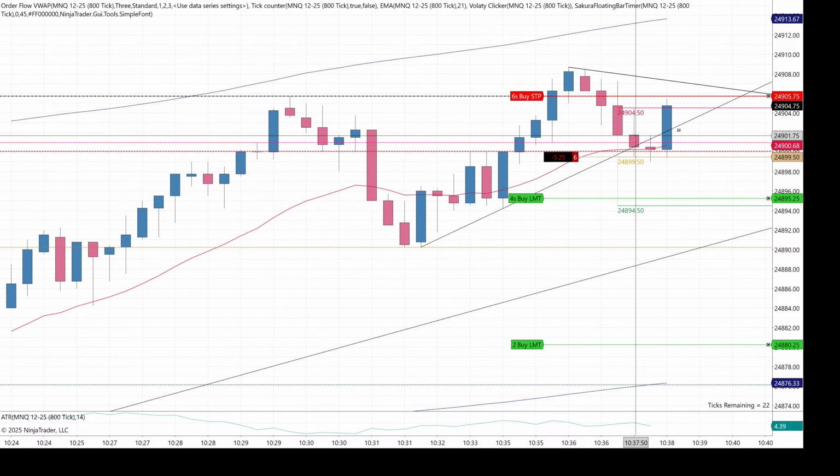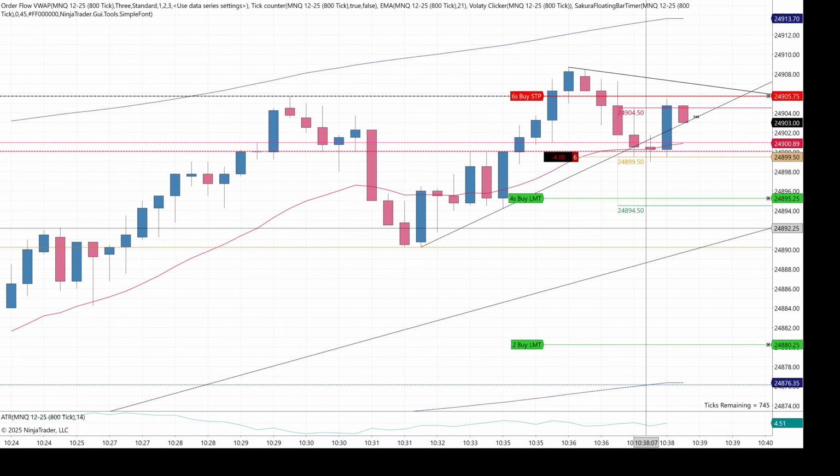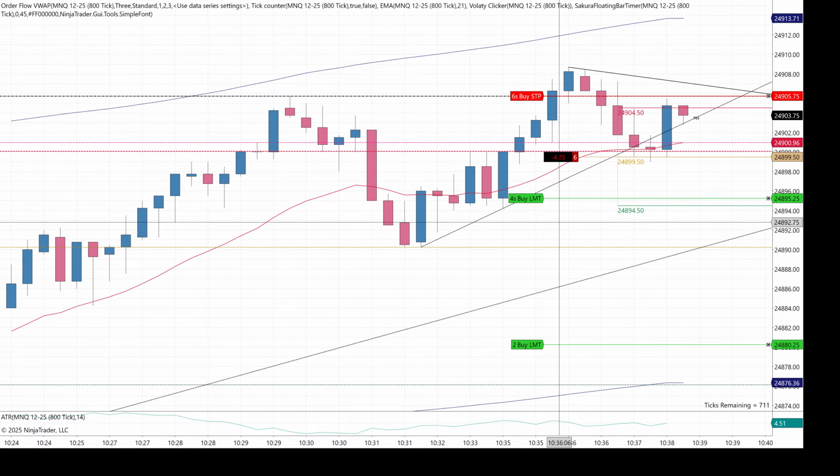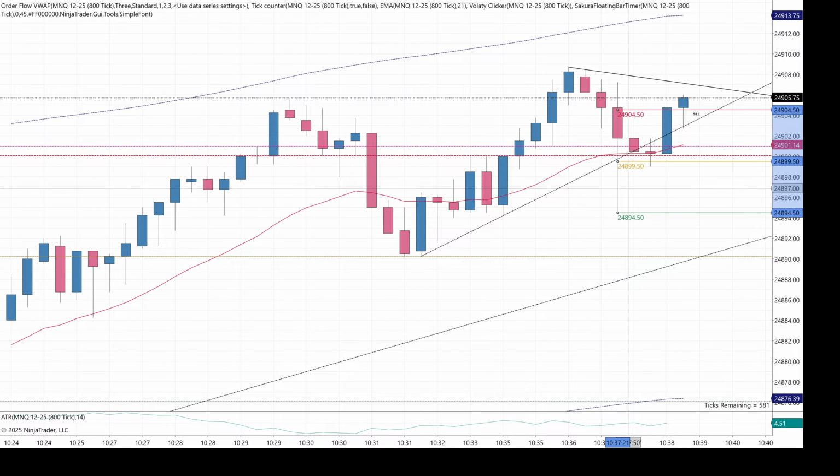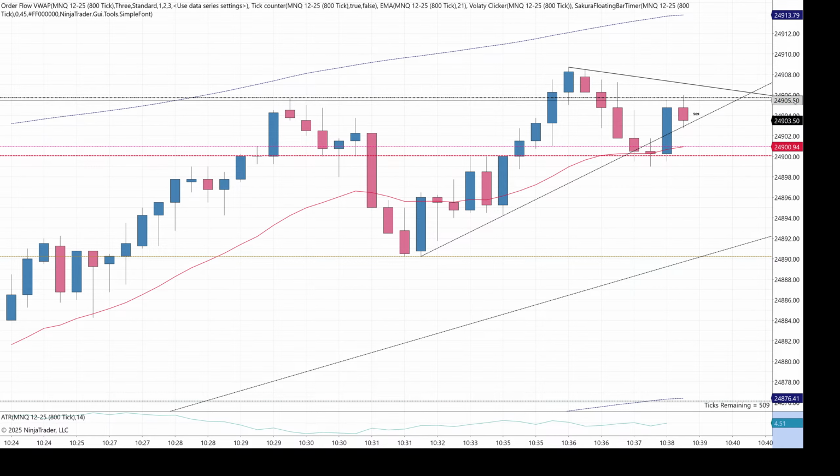I probably shouldn't have taken this one. This didn't follow my rules, and it was above the EMA, and it was above 900. That's unfortunate. That was kind of an unnecessary stop loss on my end.